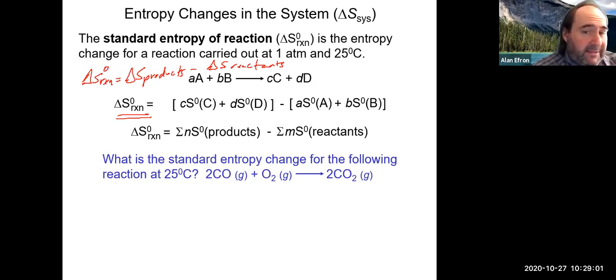So you don't want to look up, for example, water in the gas state if you want it in the liquid state or the solid state, because you will find several different values depending on the state. So it's really important when you look it up that you get both the substance and the correct state.